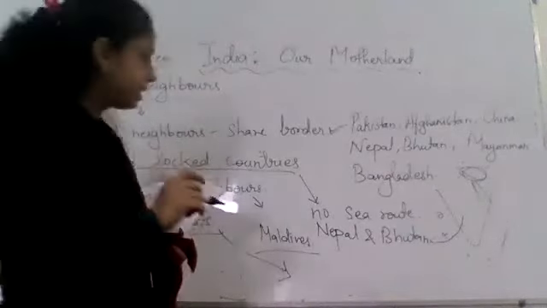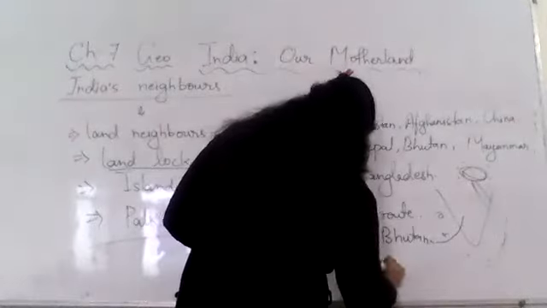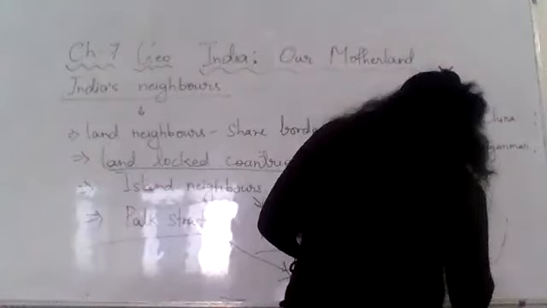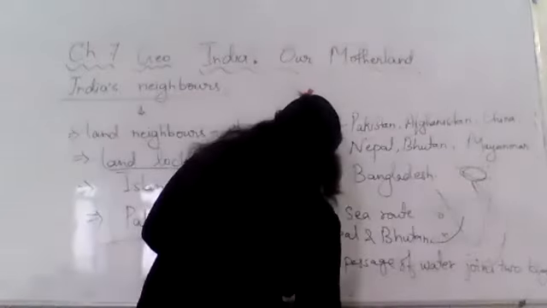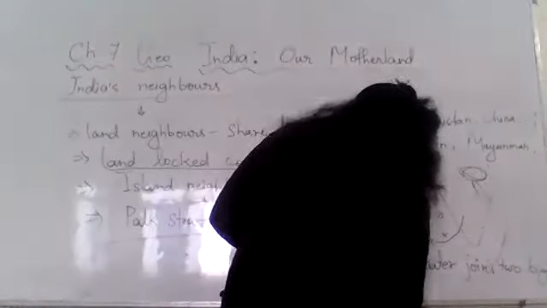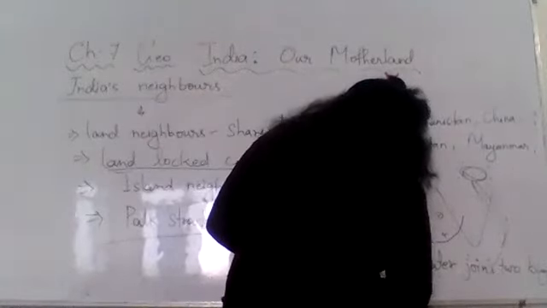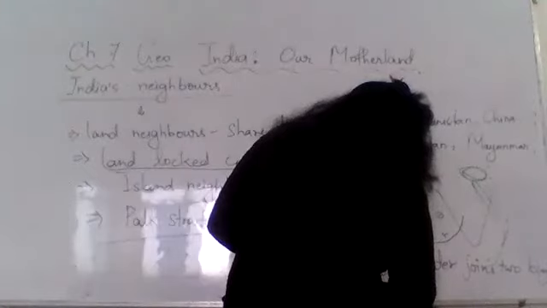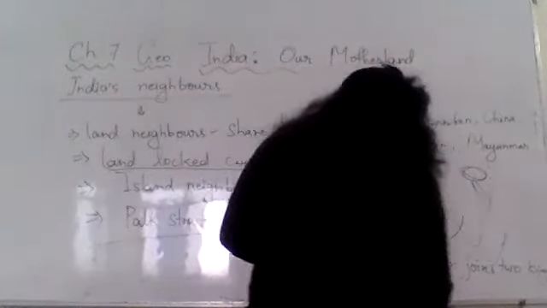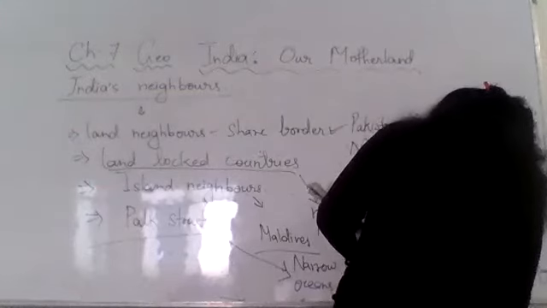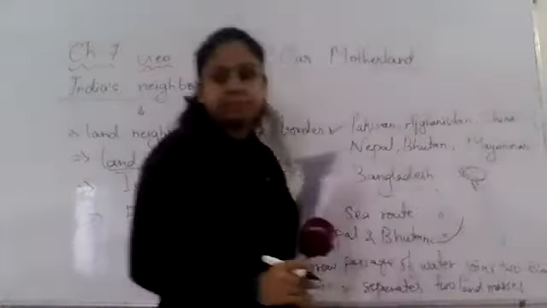That we have already discussed, but still I am telling you, it is a narrow passage of water which joins two big oceans or separates two land masses. Okay, that is straits. Understood?